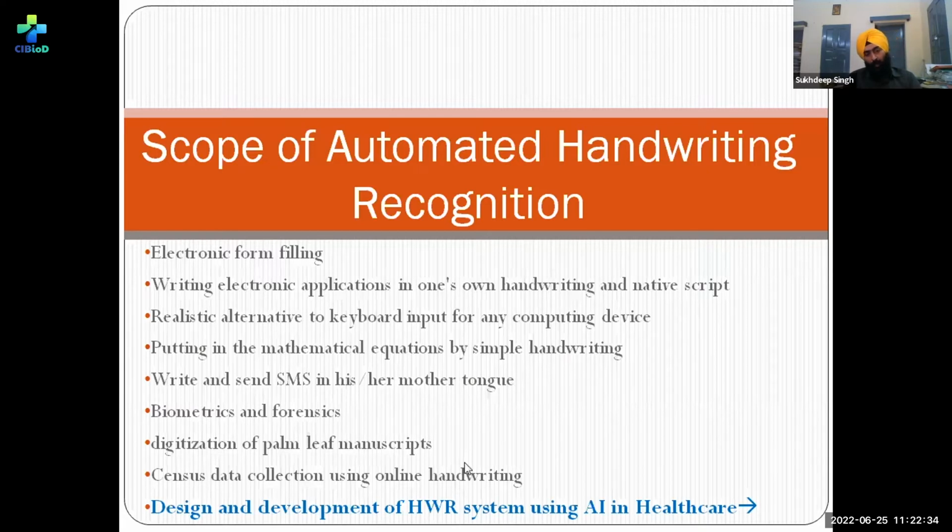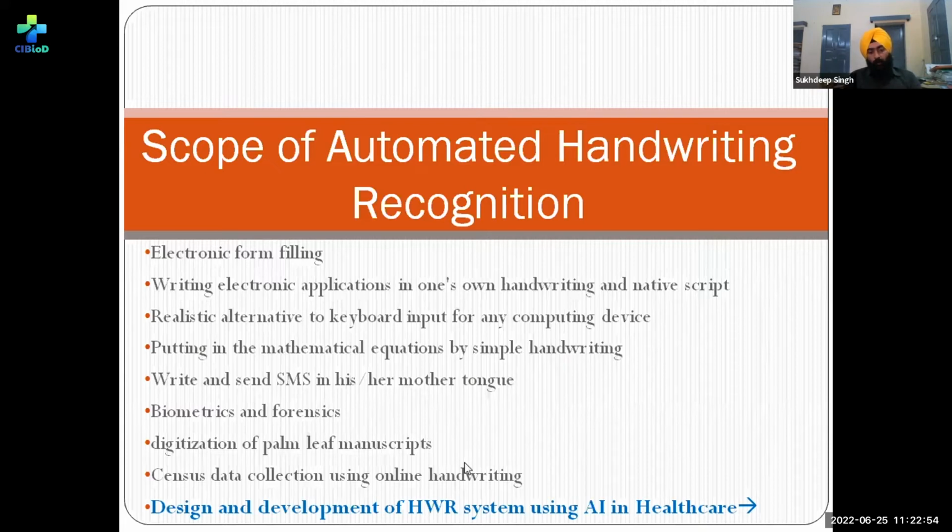There can be situations where some persons know their native script but don't know how to use it for writing on the digital surface. So in that case, a handwriting recognition tool can be used.